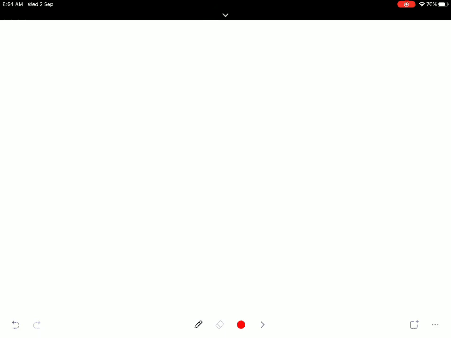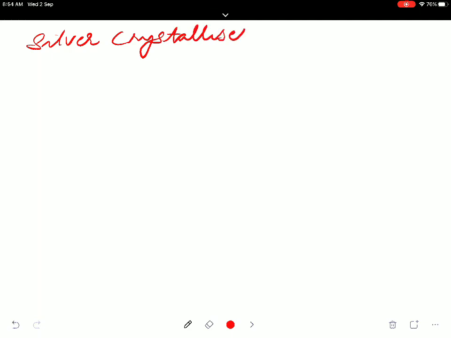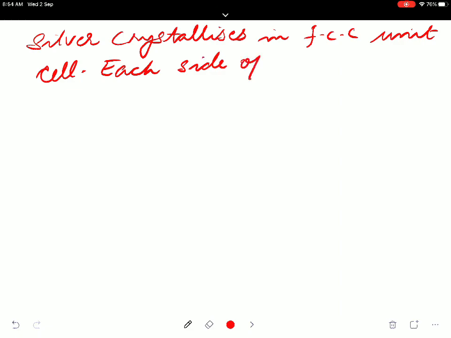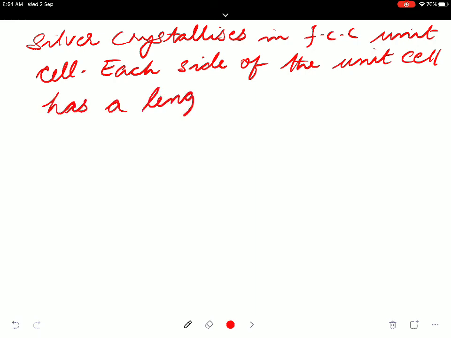Silver crystallizes in FCC unit cell. Each side of the unit cell has a length of 409 picometer.